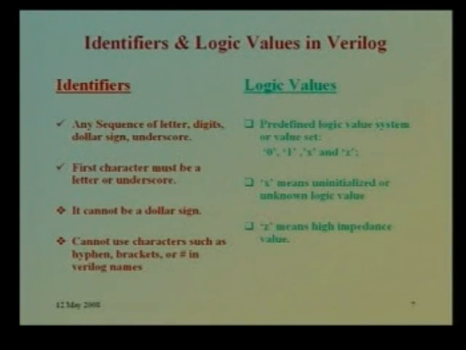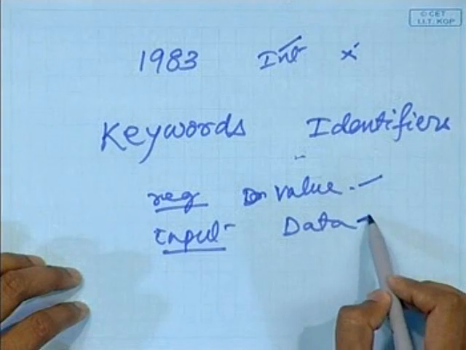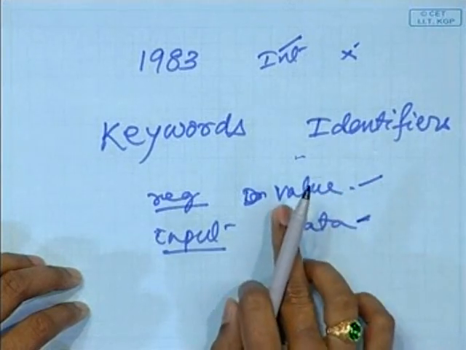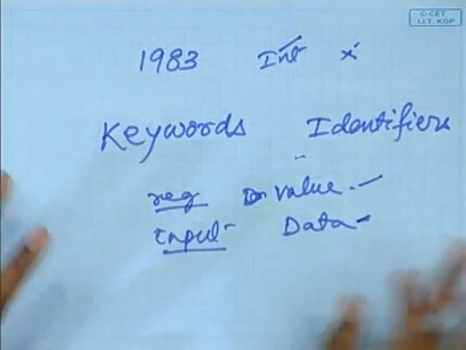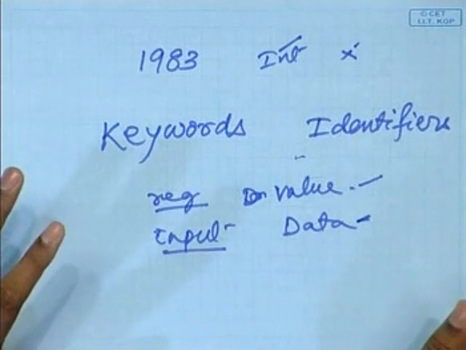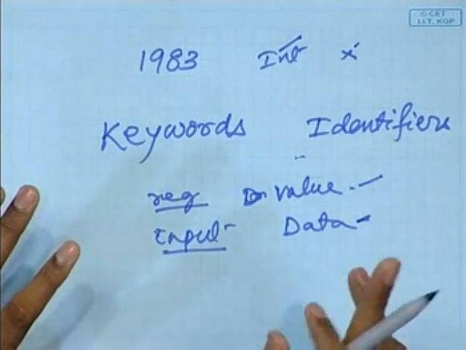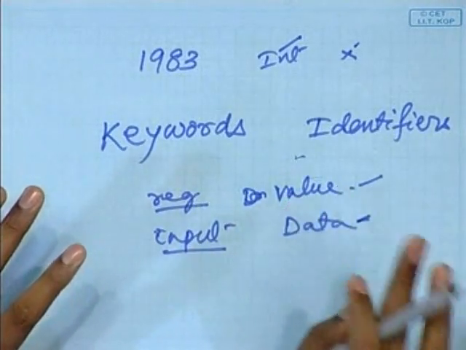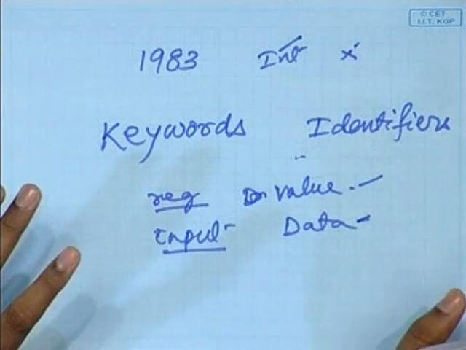Identifiers are any sequence of letters, digits, dollar sign and underscore, and the first character must be a letter or an underscore, not a number.